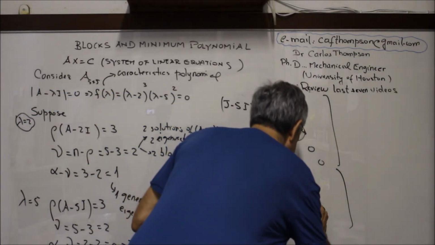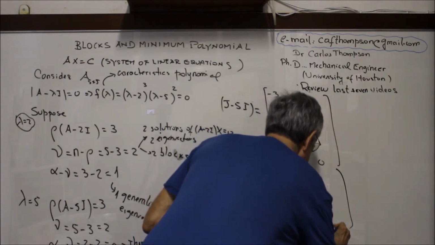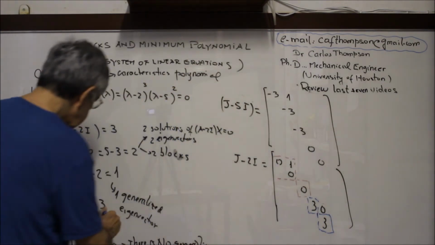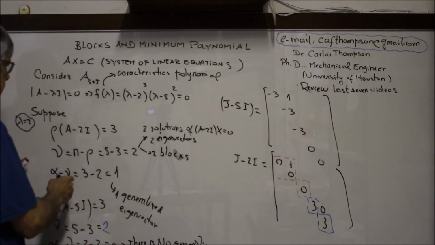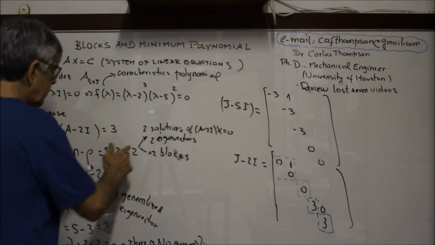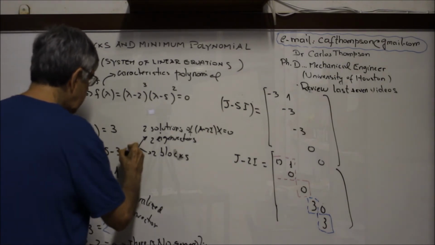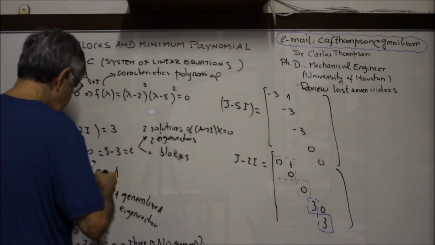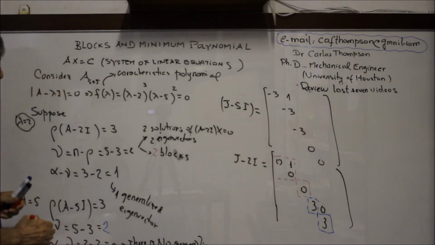I have 1 block here and another block there. 2 blocks, I'll put 2 here, and 2 blocks, I put 2 here. I'll put red color here. You see, I have the 2 blocks.